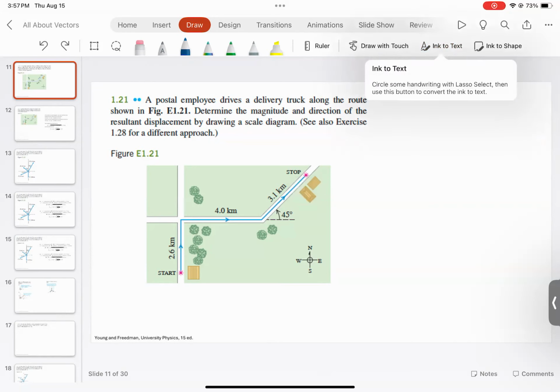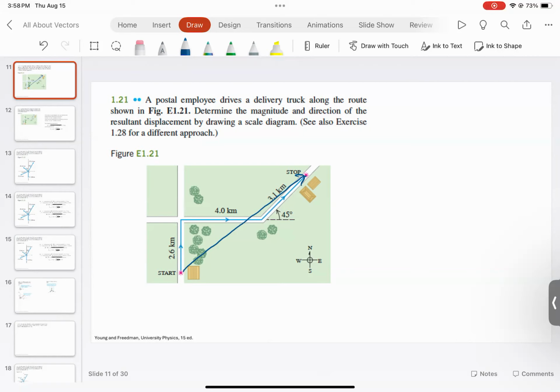So I'm going to draw a straight line. Let's see if this works. Well, it almost looks like a straight line. So yan yung ating resultant vector.